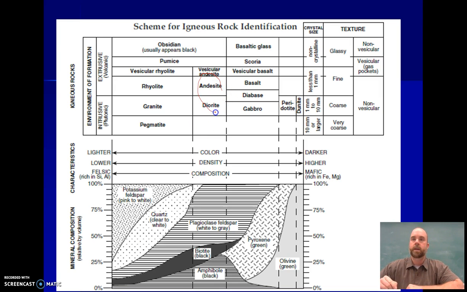So andesite and diorite, if you go down, they all have similar color, similar density, similar composition, pretty much in between your felsic and your mafic rocks. However, what are some differences? Diorite is intrusive, andesite is extrusive. Or diorite has large crystals, andesite has small crystals, because we can go over here and it says less than a millimeter or 1 to 10 millimeters.